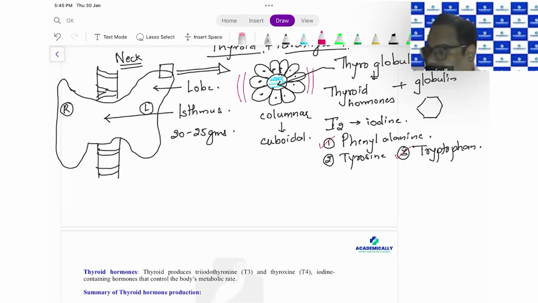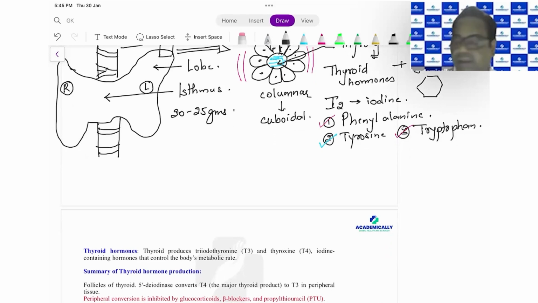And the non-essential amino acid is tyrosine, for the simple reason that tyrosine can be made from phenylalanine.